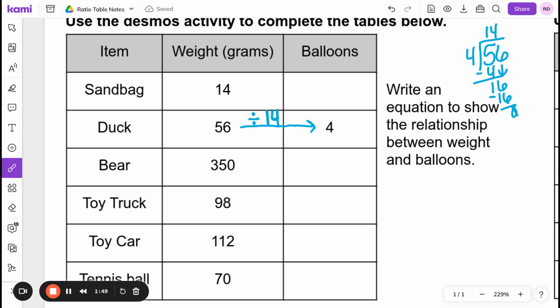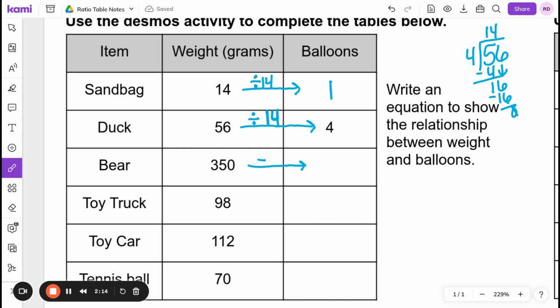Since we already established that the table is showing a bunch of equivalent ratios, that means our rule is to divide by 14. So 14 divided by 14 is 1. So it's going to take 1 balloon to lift the sandbag. And we're going to apply this all the way through, because whatever you do to the top, you do to the bottom.